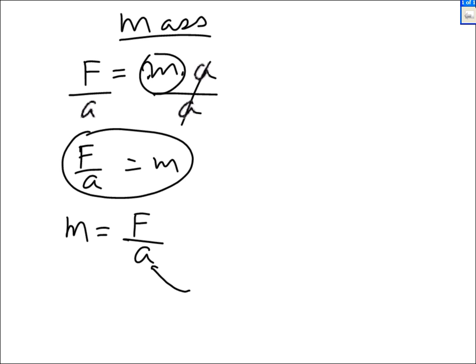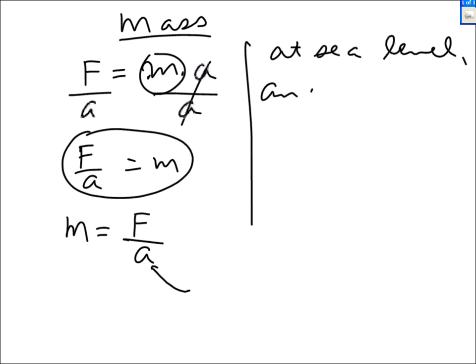On different planets, the acceleration is different, so the mass would be different. Okay, so suppose at sea level an object weighs exactly 1 pound.